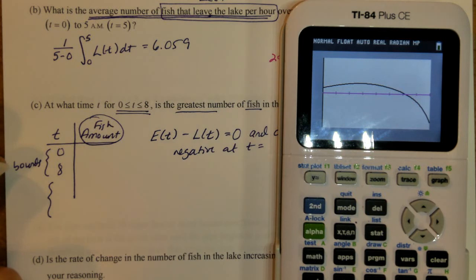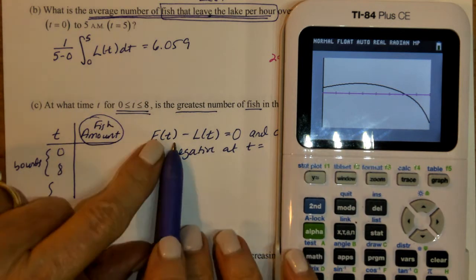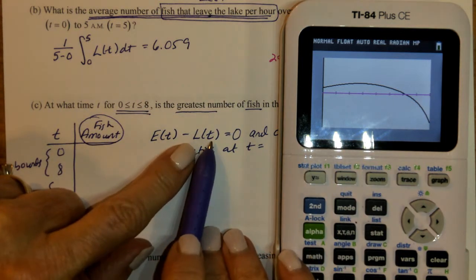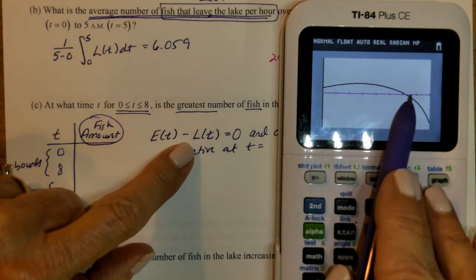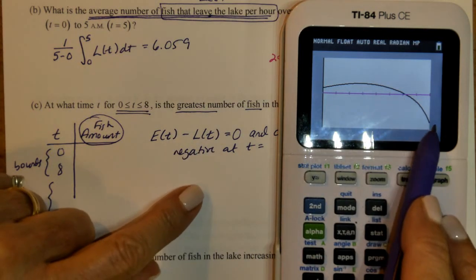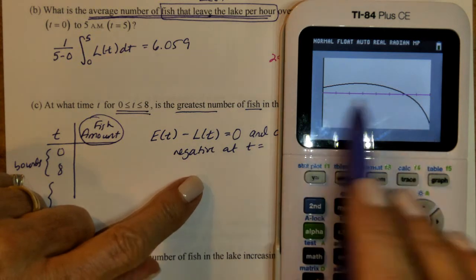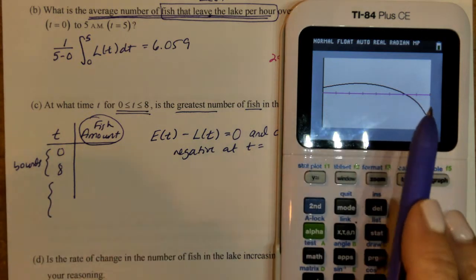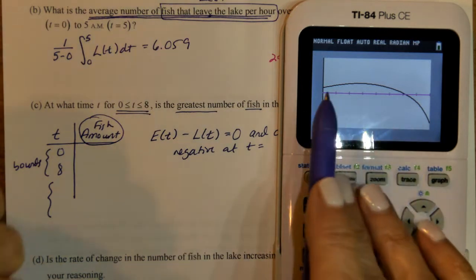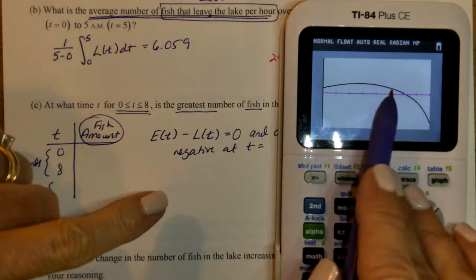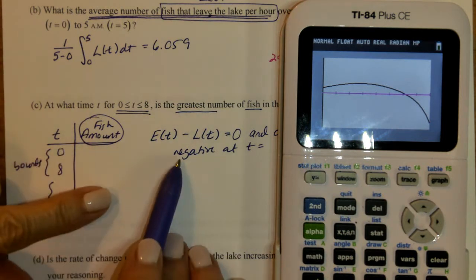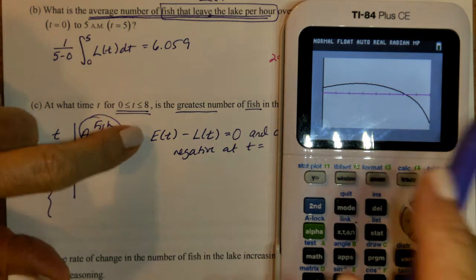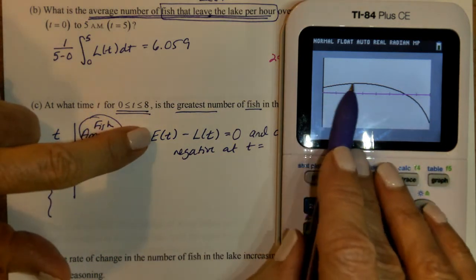All right. So I see something interesting. I see that E minus L is always positive until this time, and then always negative after that time on 0 to 8 hours. So this tells me, even though I started with the closed interval test, I don't need to finish with it, okay? Because the rate is always positive.